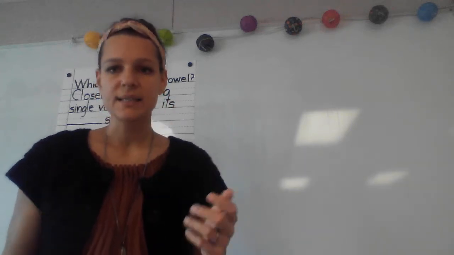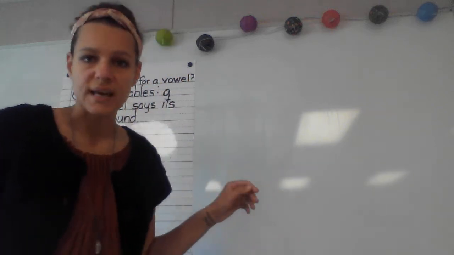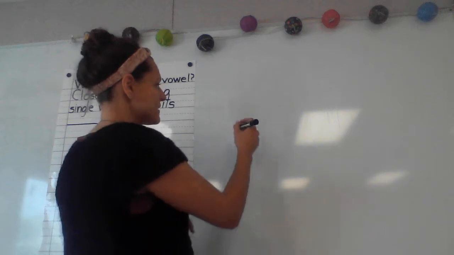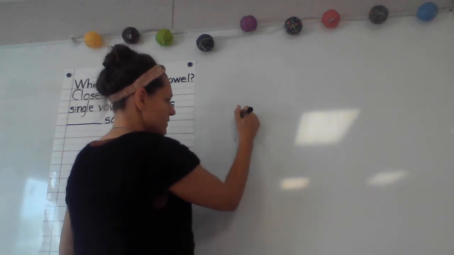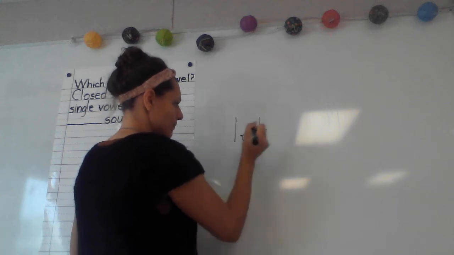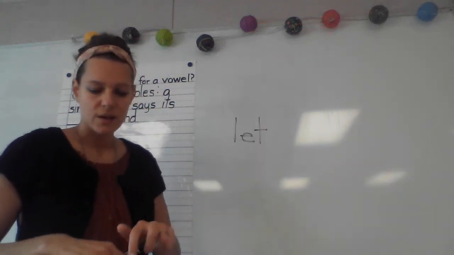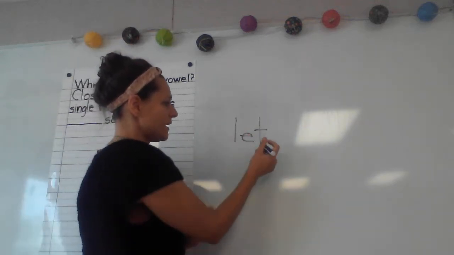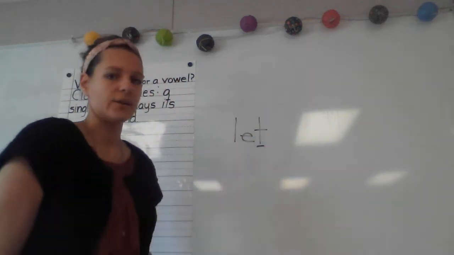I can't remember all of the different words that we were writing, but I was just filming some first grade lessons and they had this word. To know if a syllable is open or closed, we look and see if it ends with a consonant or not.